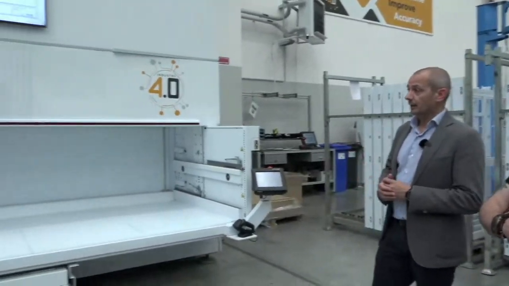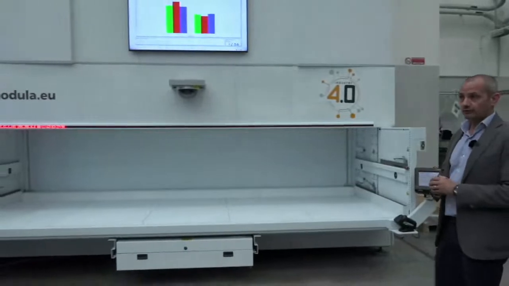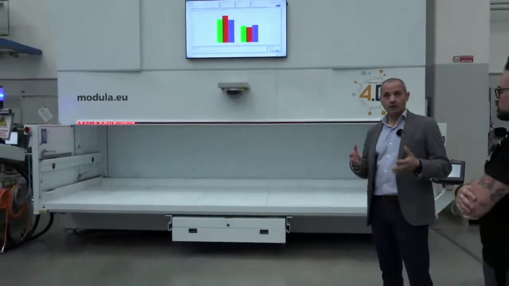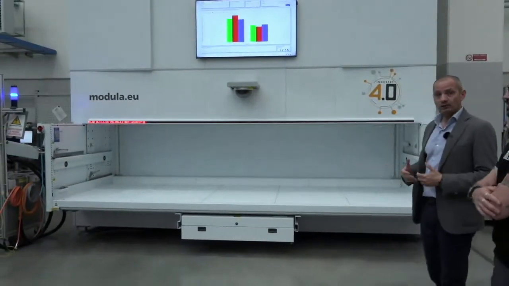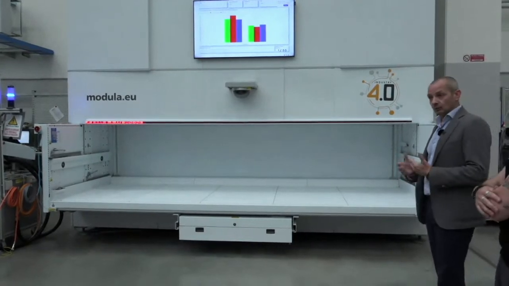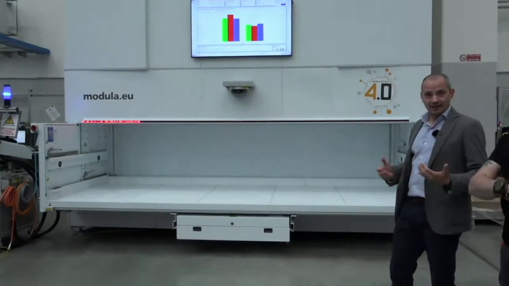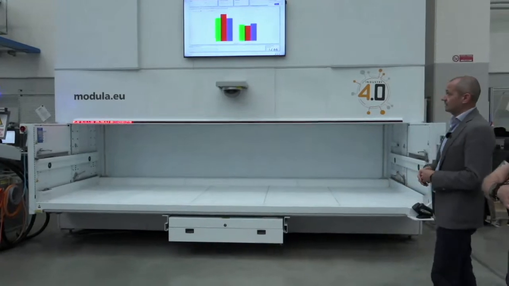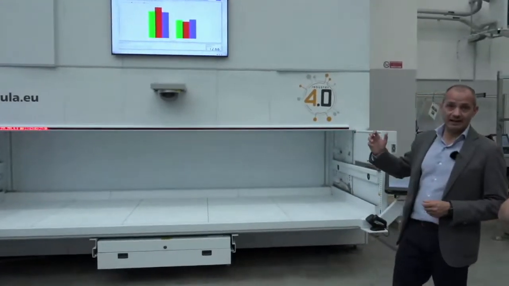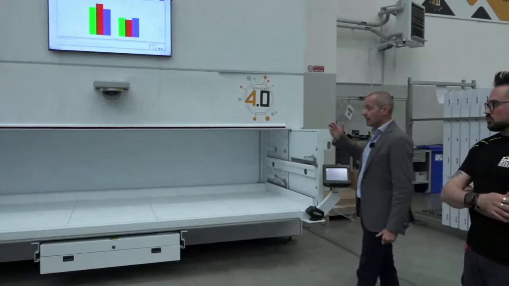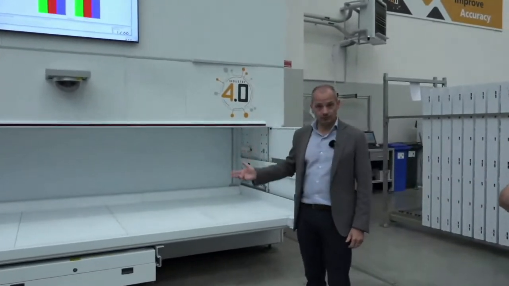So first of all, what is a vertical lift module? The vertical lift module is a storage system, an automated storage system. It is basically composed of two storage columns, one in the front and one in the back, with a central elevator that can move all the trays up and down and store the trays in the cells, so in the specific places in the storage columns, and bring the trays in front of the operator.